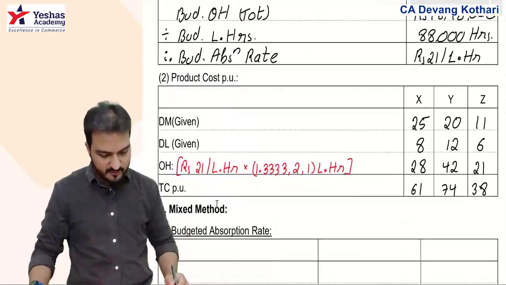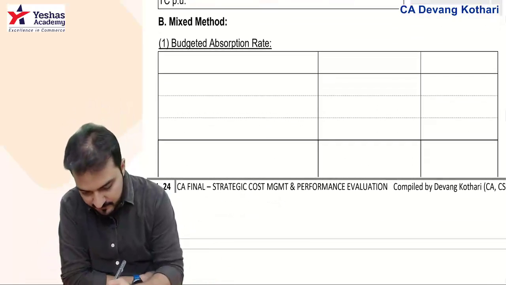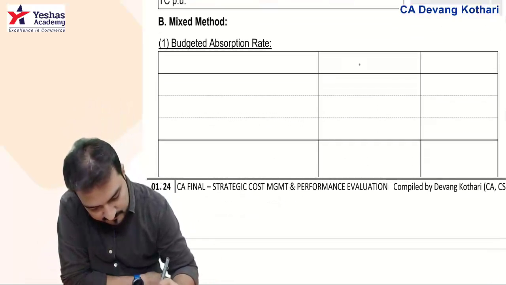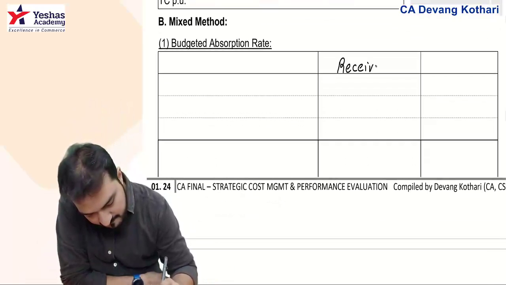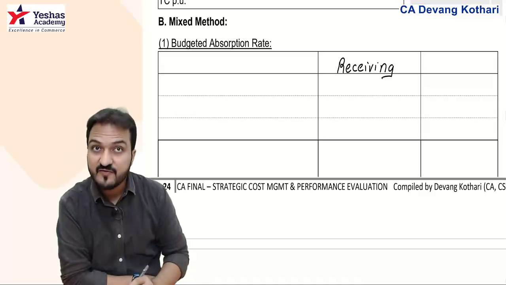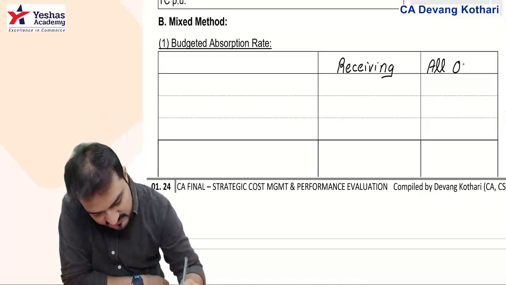Yes, this is what we do. That is a mixed method. So in that mixed method, I will have a separate rate for receiving activity and a separate rate for all others.